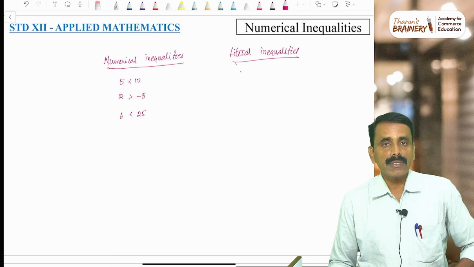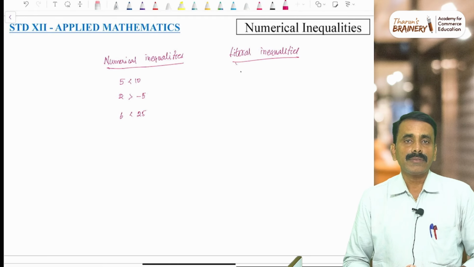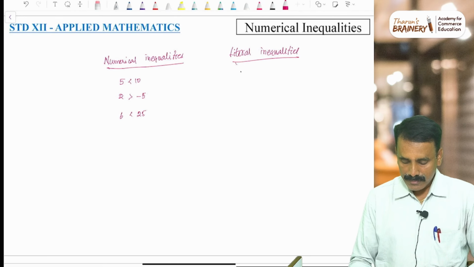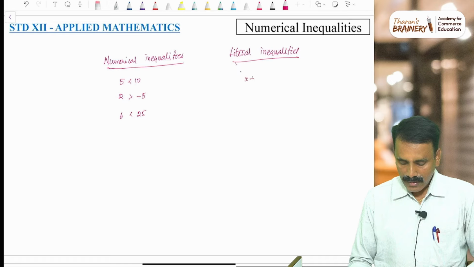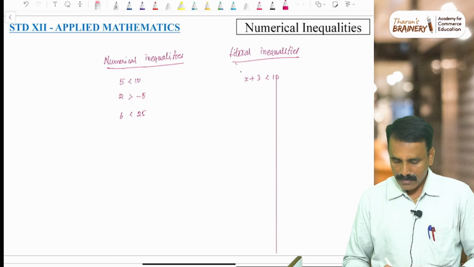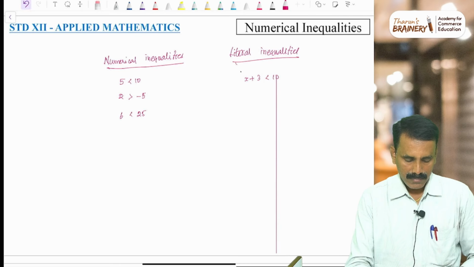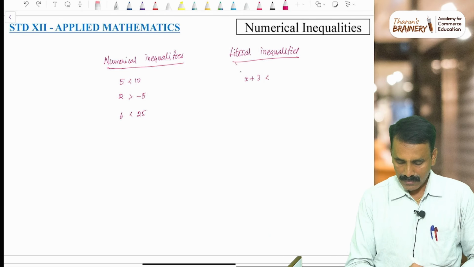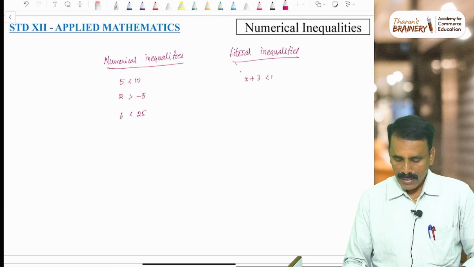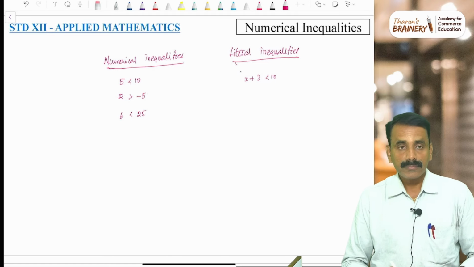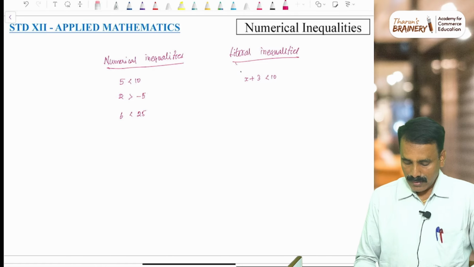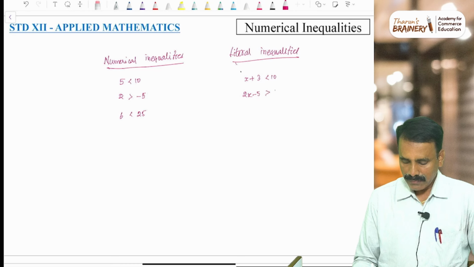Now literal inequalities, we will be having variables. X plus 3 is less than 10. 2x minus 5 greater than 15.